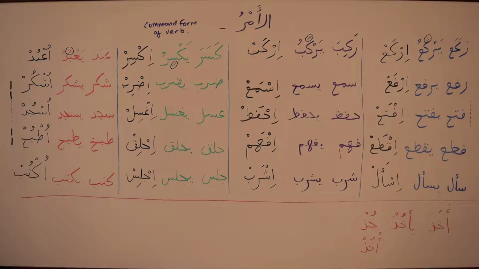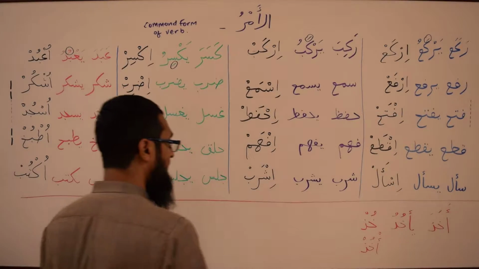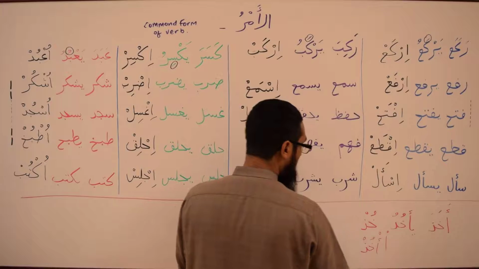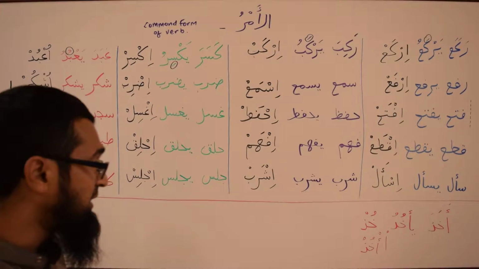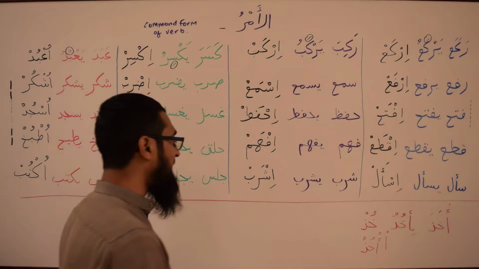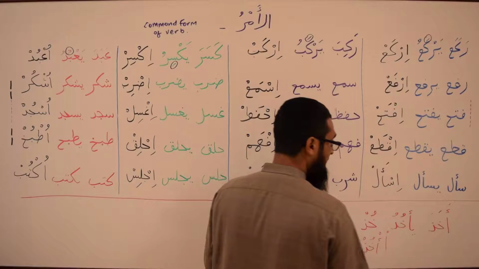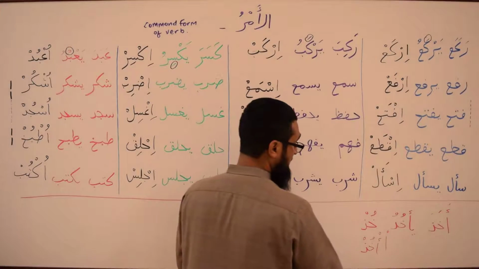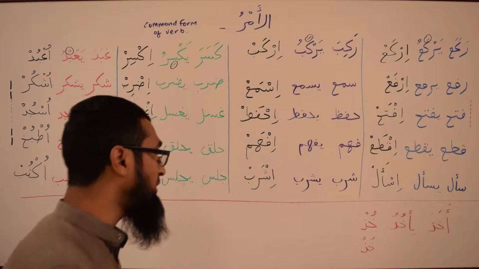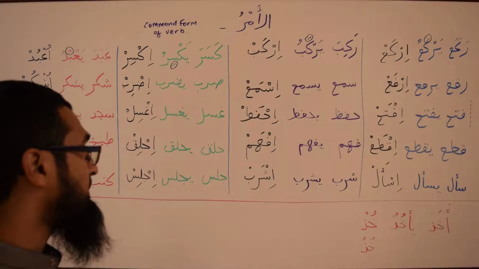It's difficult, even if you put a hamza and the dhamma. One of the observations of the language is that it looks for an easy way to pronounce things, right? So it just becomes khud, and that's the amr, khud.